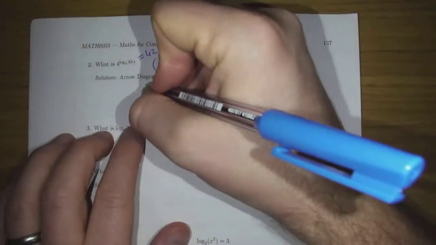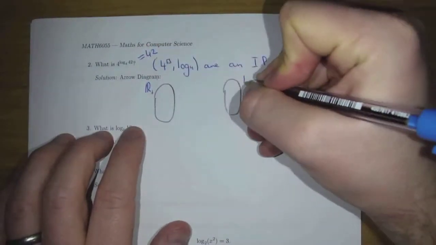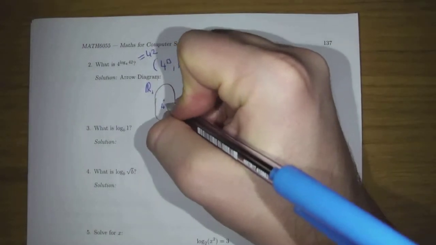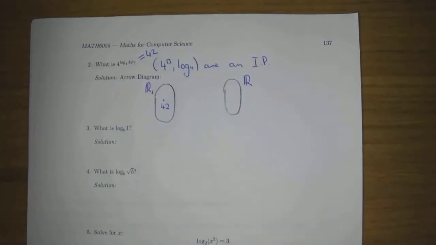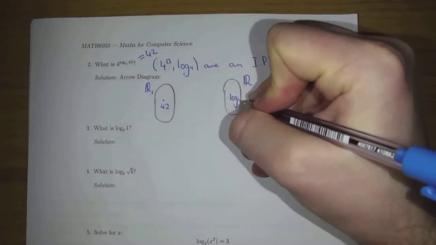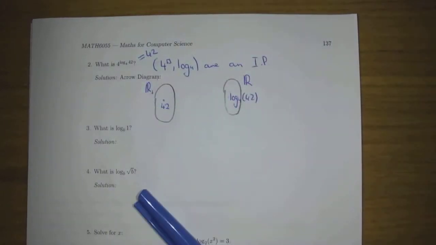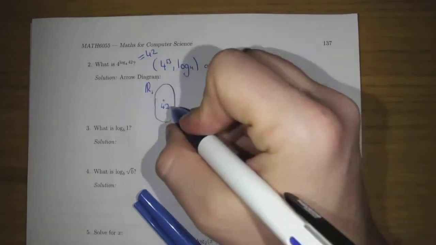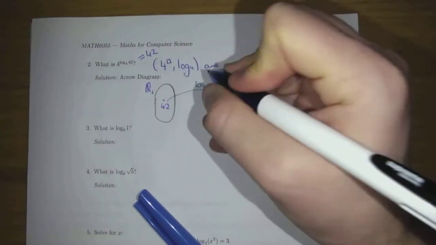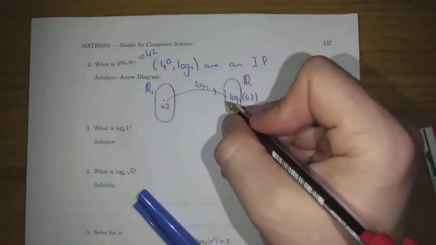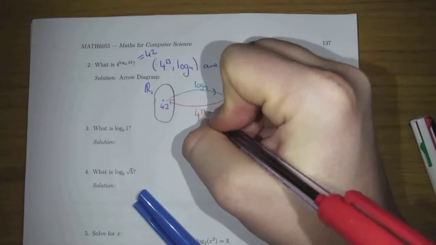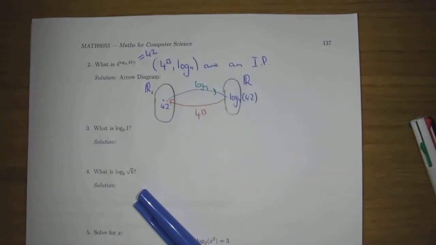Second blob is all the real numbers including negative. So starting with 42, you send that to log base 4 of 42. That's a function, log base 4, and then the inverse of log base 4 is 4 to the power, and that will bring you back to where you started, 42.